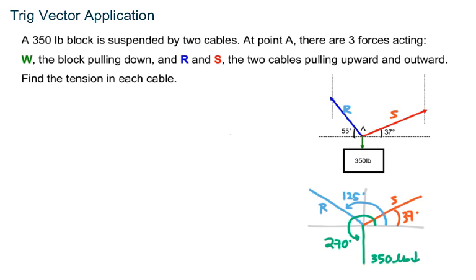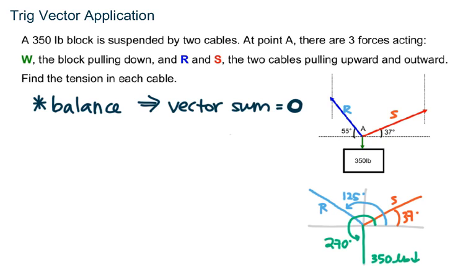Okay, so let's start talking about setting up this problem and how we would do that. The first thing we want to think about is that this is a balanced system in a sense. Everything is still and not moving. And when we think about something being in balance, then that means the vector sum, if I'm adding all of these vectors up, should be equal to my zero vector.